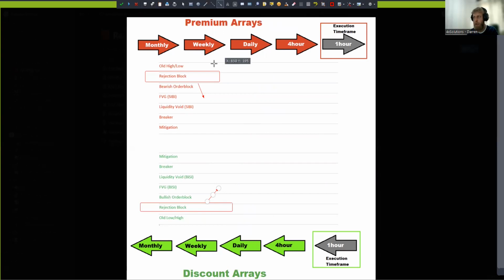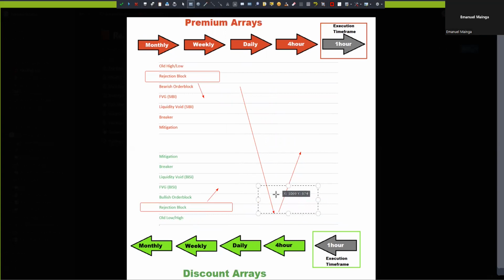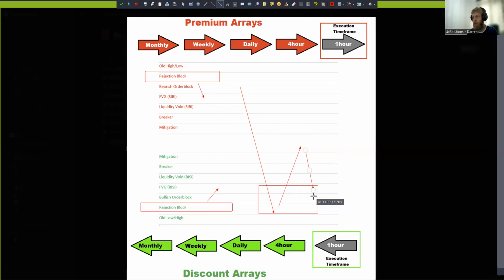So when price sells, and then starts to move away here, it's already made an old low. It's maybe made already a rejection block. And because of that move away, these down candles over here would be an order block potentially. And then now you try and buy that order block when it gets retested.